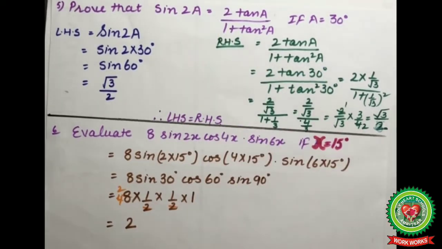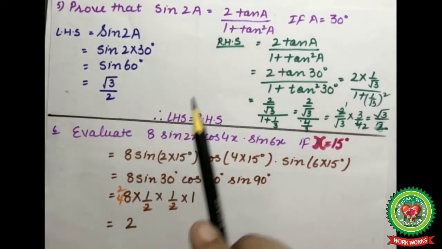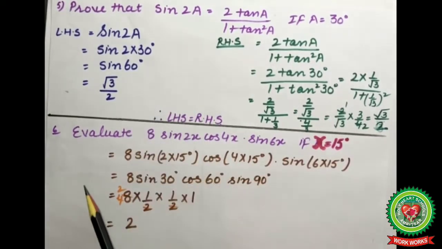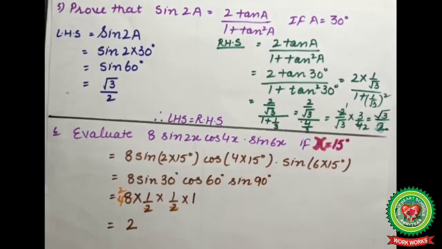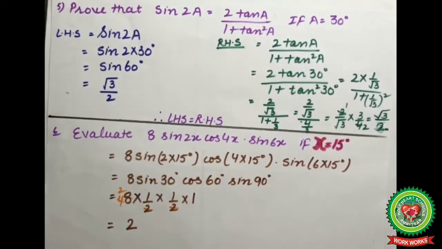So first of all, let us solve the left hand side. The left hand side is given as sin 2A. Now we substitute the value of A as 30 degrees. On substituting, we'll get sin 2 into 30 degrees, that is sin 60 degrees, and the value of sin 60 degrees is under root 3 upon 2.